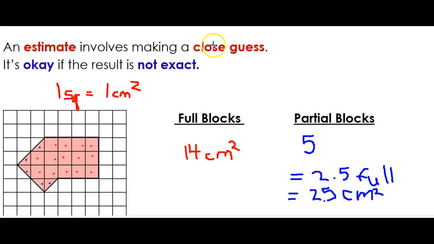There we go. So last but not least, my estimate for the area is about 14 plus 2.5, and that's going to give me 16.5. And I'm not going to forget to include my units here, and that's square centimeters.